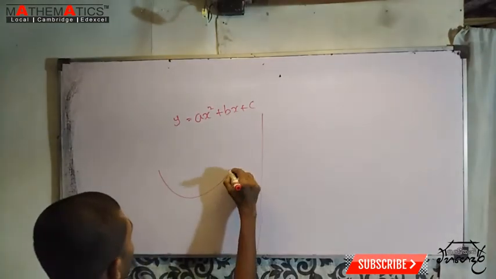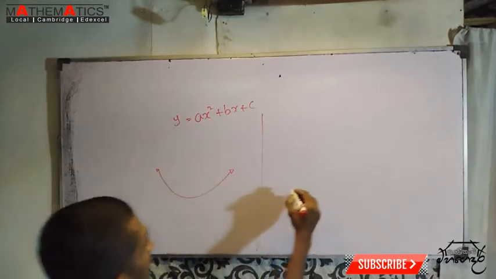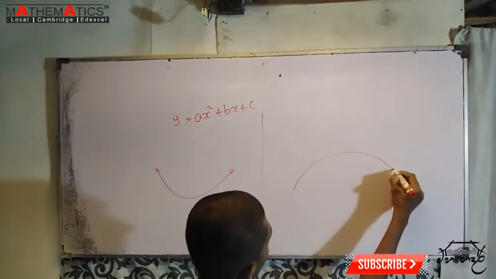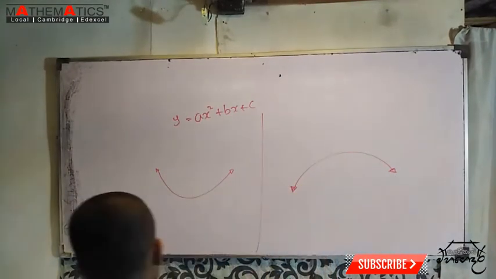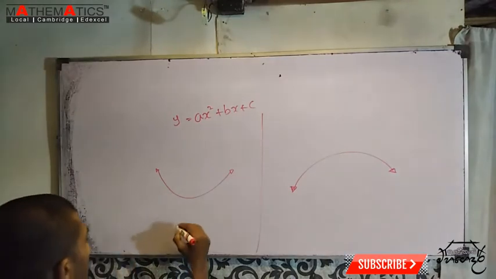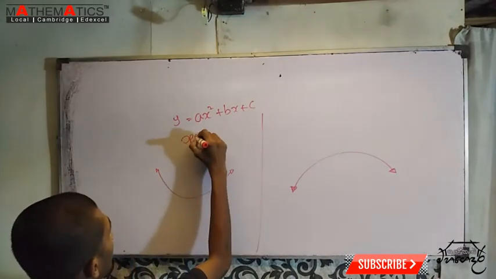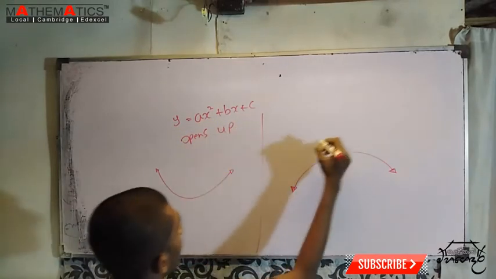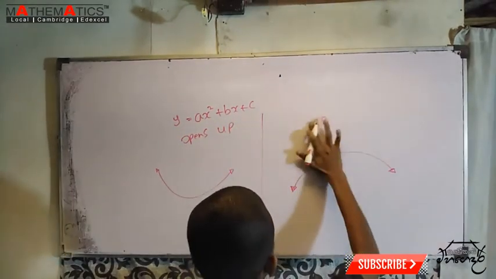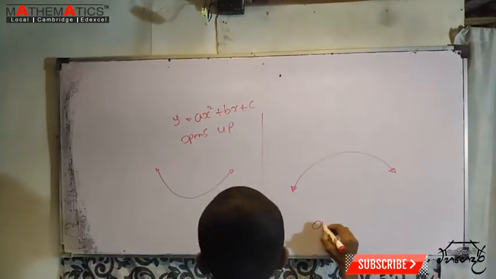And now further we discuss the formula ax^2 + bx + c and the value of a, and what effect the value of a has on the graph. It has two types of graphs. The first one is the opens up graph, and the next one is the opens down graph.